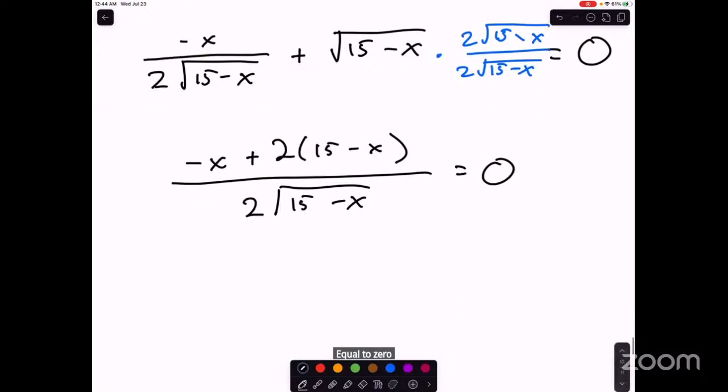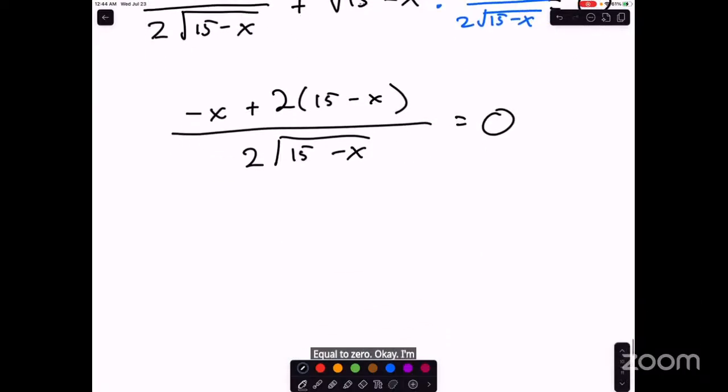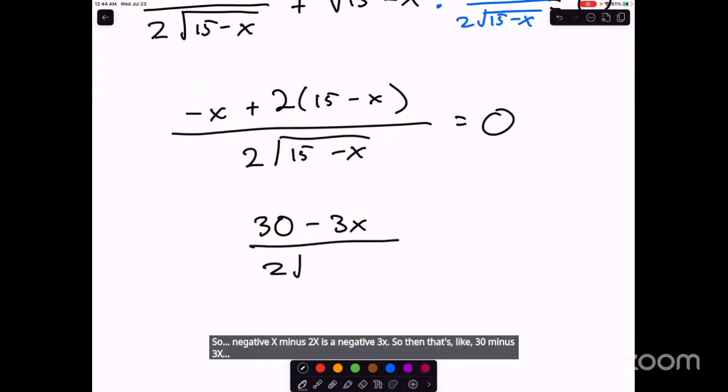That looks better. Negative x minus 2x is negative 3x, so that's 30 minus 3x over 2 square root of 15 minus x.